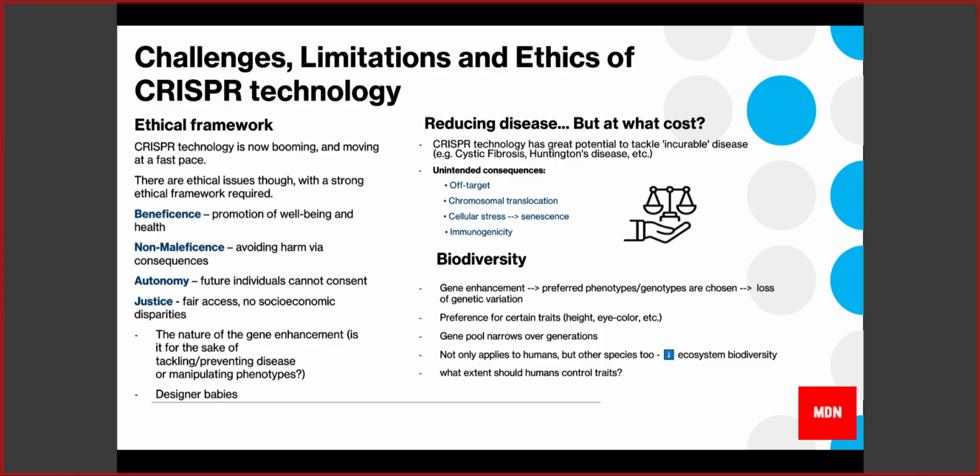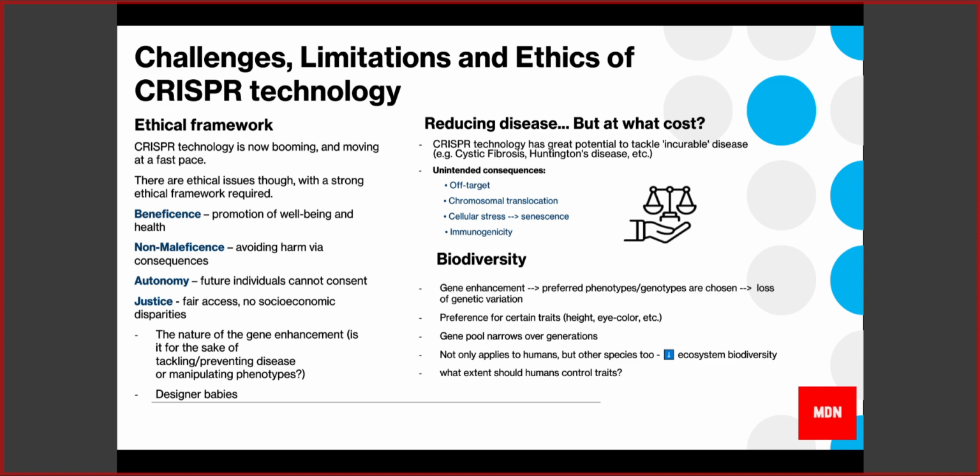In fact, one study found that people who tend to have more favorable physical traits tend to earn more with their salary. So again, there's an ethical issue associated. And this can cause the gene pool to narrow over generations as less variation is within that particular pool.